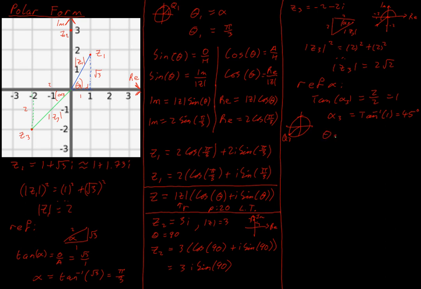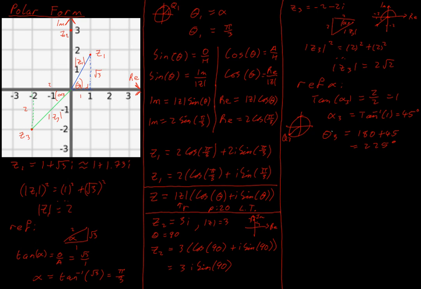So our angle that we are looking for, theta 3, is going to be 180 degrees plus 45 degrees, which is going to bring us around to 225 degrees overall. Again, this is pure trigonometry work, and you can see a lot of this complex numbers brings together algebra and trigonometry a lot.